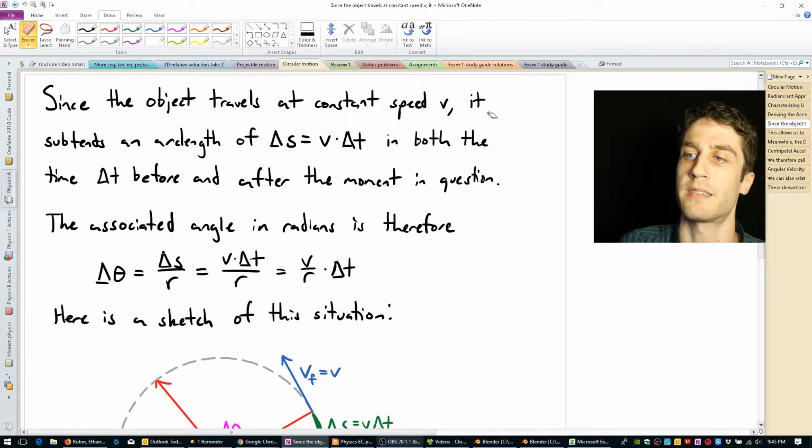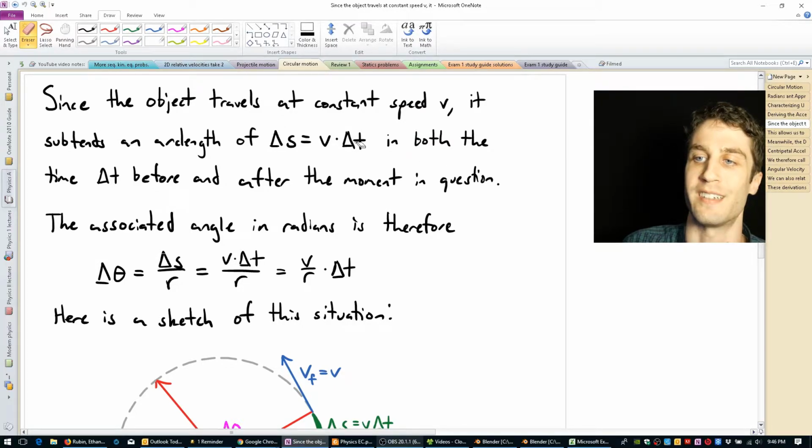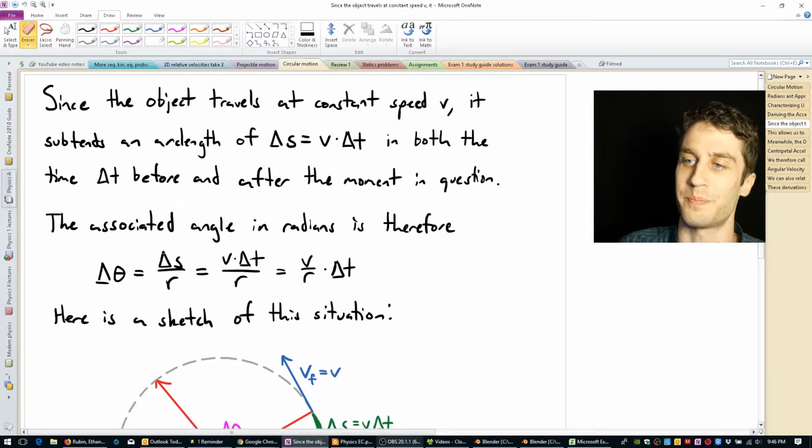Since the object travels at constant speed v, it subtends an arc length of delta s equals v times delta t in both the time delta t before and after the moment in question. v is the speed of motion tangential to the circle, and so it's also the rate at which it subtends a new arc length over change in time. So it will subtend an arc length of delta s in time delta t if it's traveling at speed v.